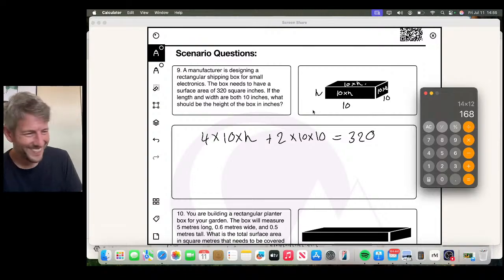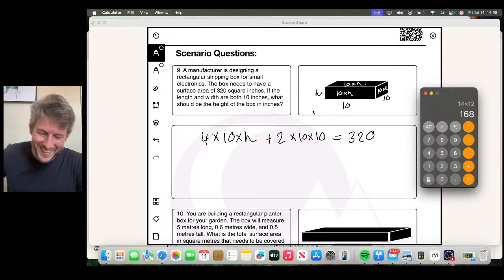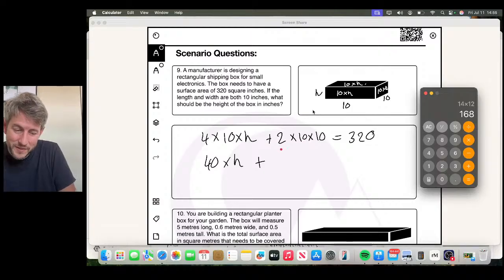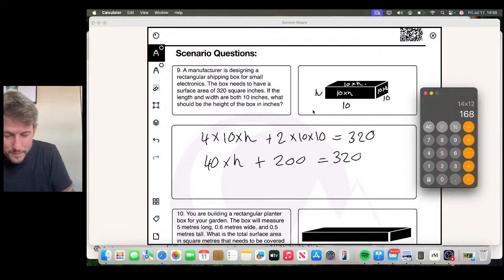Right, so this is going to be 40 times the h plus 10 times 10, which is 100, 200, 200 equals 320. So that means that 40 times the height will equal 120.